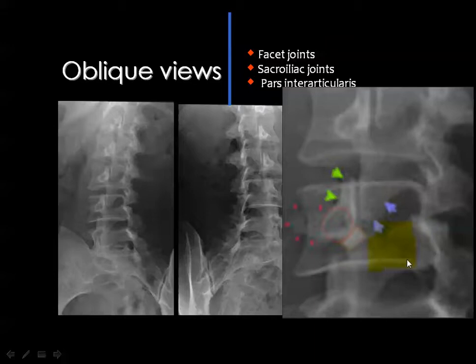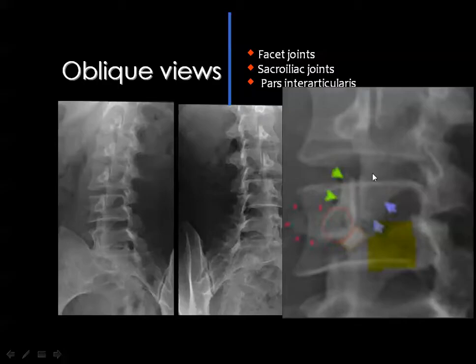As you know, this pars interarticularis corresponds to the neck of the Scotch dog. In the oblique view, you can see this is the head of the dog, which is formed by the mouth corresponding to the transverse process, the eye corresponding to the pedicle, the ear corresponding to the superior articular facet of the vertebra below, the neck, which is the pars interarticularis, and this is the region of the pars interarticularis.